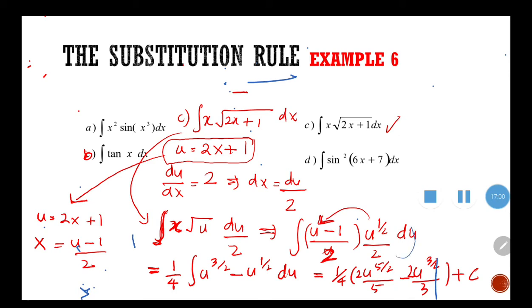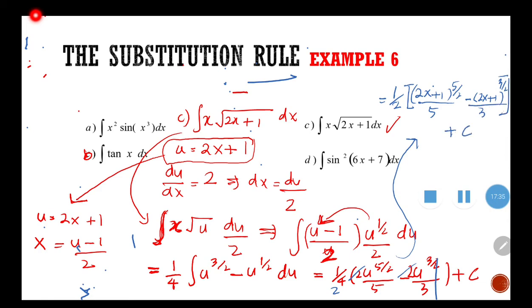Okay, so from here the final solution would be, this one we can cancel, so it becomes 1 over 2, u. Now you may replace back with 2x plus 1: 2x plus 1 power of 5 over 2 over 5, and then minus 2x plus 1 power of 3 over 2 over 3, then plus c, our final answer.